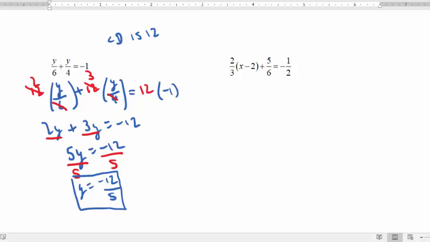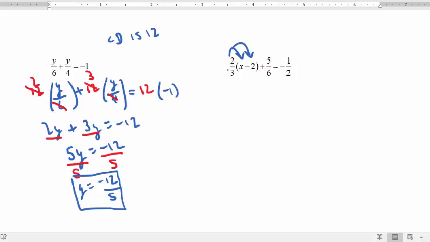Now, this last one here is a little bit tricky because you have this 2/3 parenthesis x minus 2. So realistically, even though this isn't the most efficient way to do this problem, what I would recommend doing in this problem is first distributing the 2/3 before you clear the denominator.